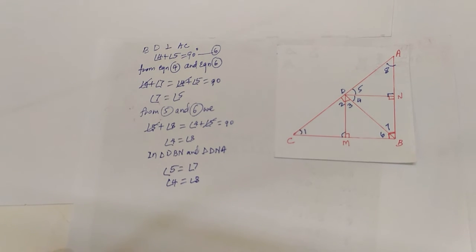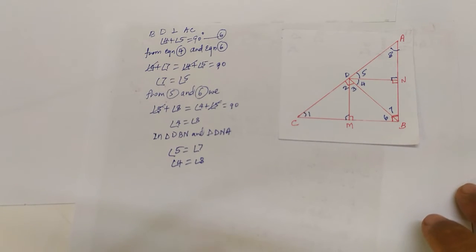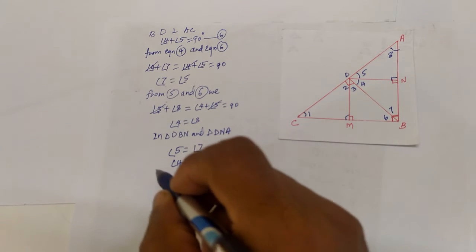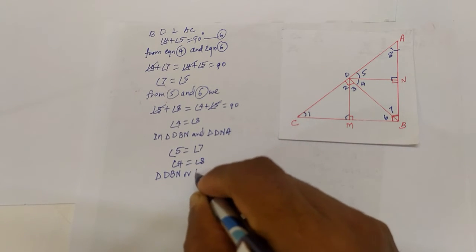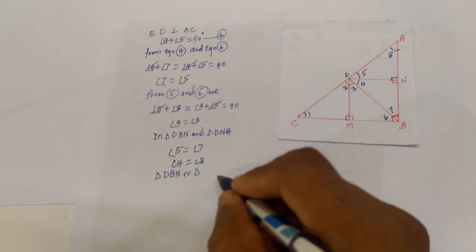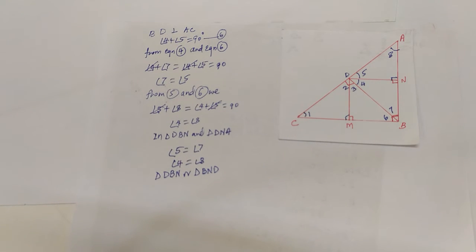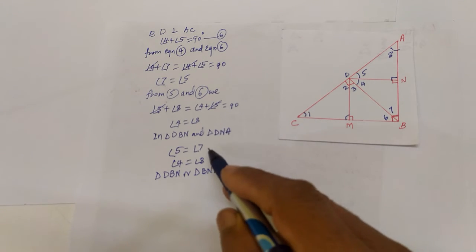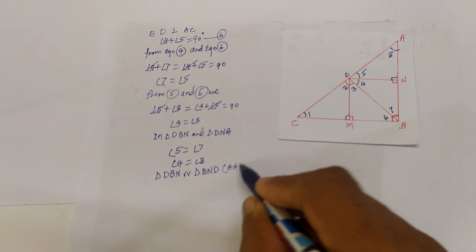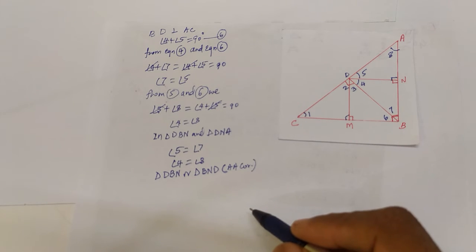From these two angles, we can say that these two triangles are similar, that is triangle DBN is similar to triangle DNA, by the angle angle similarity rule.